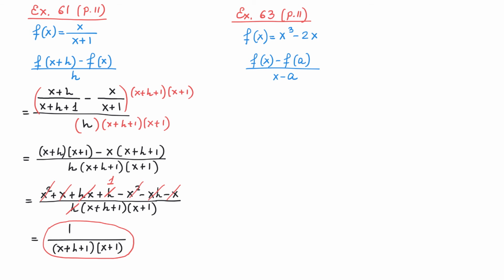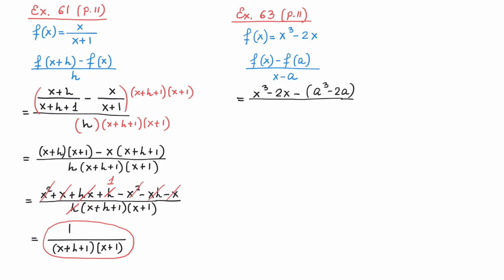First, in the numerator, we will replace f of x with x cubed minus 2x. Then we will replace f of a with a cubed minus 2a. So all this equals x cubed minus 2x minus, let's start parentheses, and then we will write a cubed minus 2a.